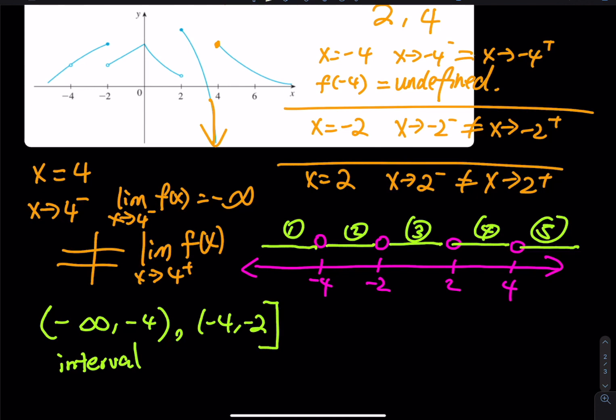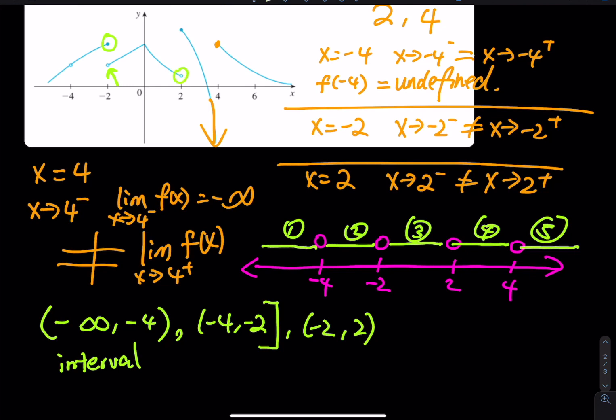I use a square bracket because at x equals -2 on the left side, we have a solid point. And then from -2 it is not a square bracket anymore, because, just look at my arrow, this is not a solid point. And then to 2, right? 2 is an open circle, so we use a parenthesis.